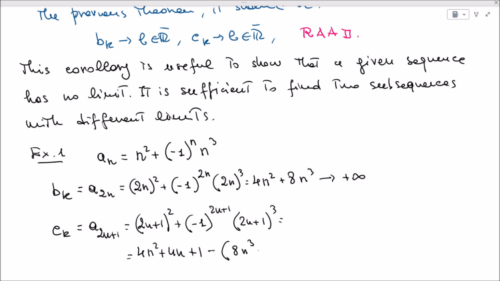Then we have 3 times (2n) squared, which is 4n squared, so we have 12n squared plus 6n plus 1. And again, this gives 4n squared plus 4n plus 1 minus 8n cubed minus 12n squared minus 6n minus 1.